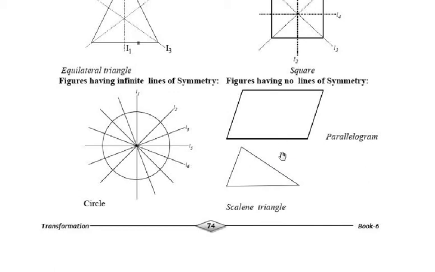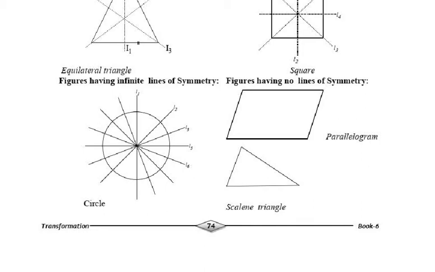Whenever we try to divide it by a vertical line, it won't have the same equal parts. If we divide by a horizontal line also, it won't have the same equal parts. So this parallelogram has no lines of symmetry, and the scalene triangle also doesn't have any line of symmetry. Okay.